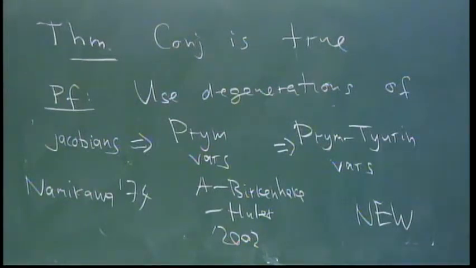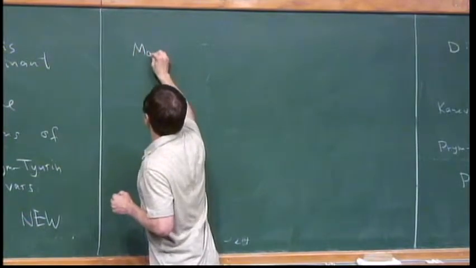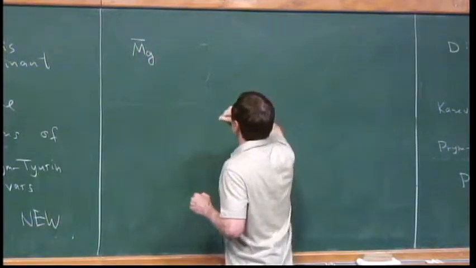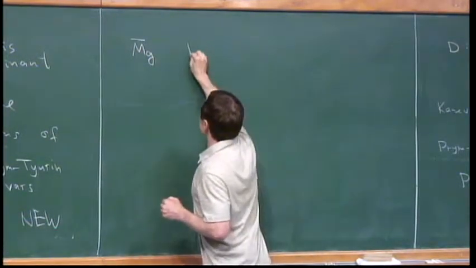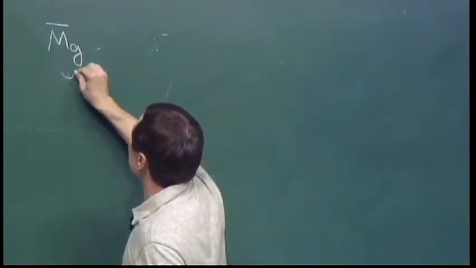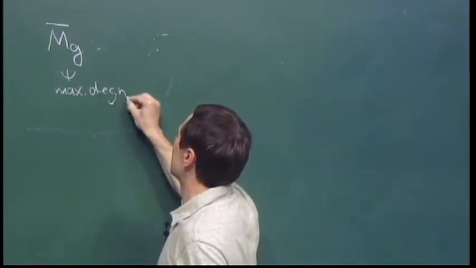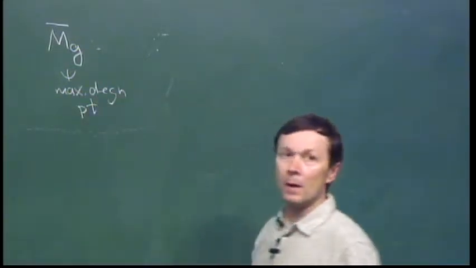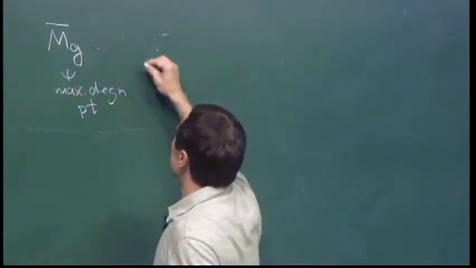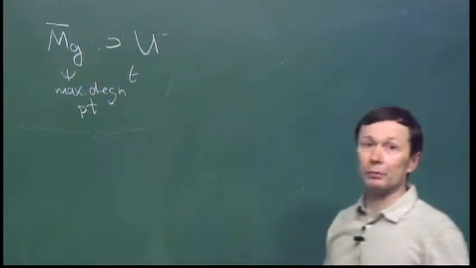So here's the situation. You start with M_g bar, and in M_g bar you pick a point. You pick a point of maximal degeneration, and you pick some open neighborhood.